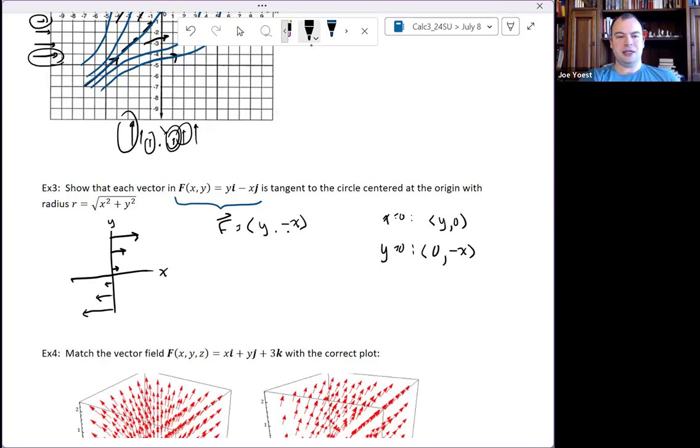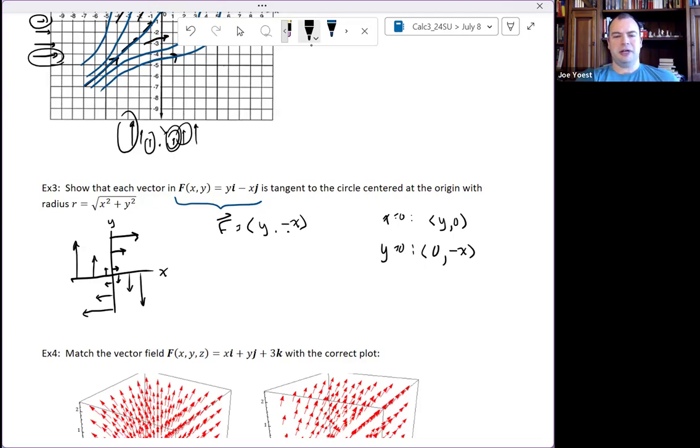When x is negative, they're going to point up, and when x is positive, they're going to point down. When x is a little negative, they point a little bit up. Moderately negative, they point moderately up, and then quite a bit negative, they point quite a bit up. They have quite a nice magnitude in that upward direction. And then vice versa, when x is positive, our second component's negative, so these point down.